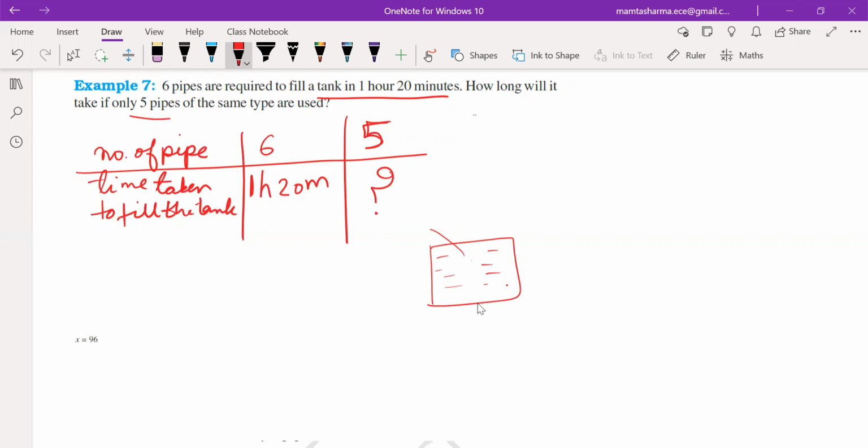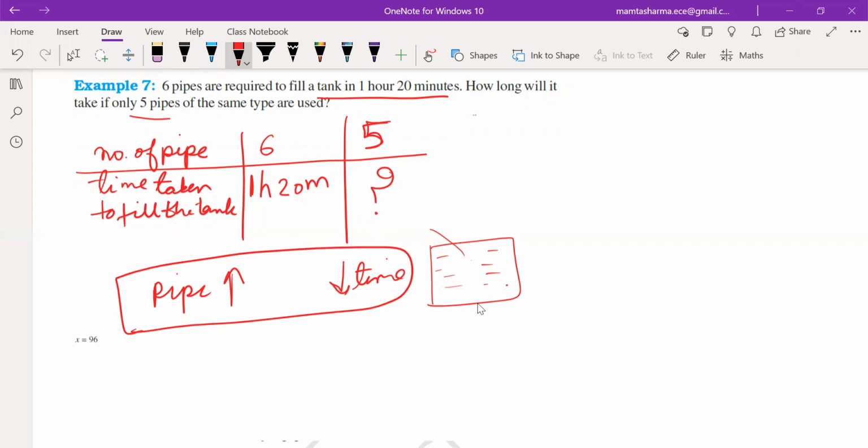It means when one increases, the other decreases. When number of pipes increases, the time taken decreases. It means they are in inverse proportion. For inverse proportion, we put the formula x1 y1 equal to x2 y2. If they were in direct proportion, then we can put the formula x1 by y1 equal to x2 by y2. They are in inverse proportion.